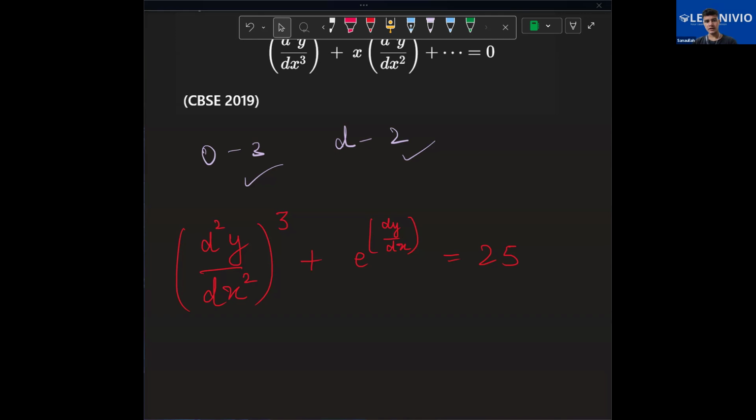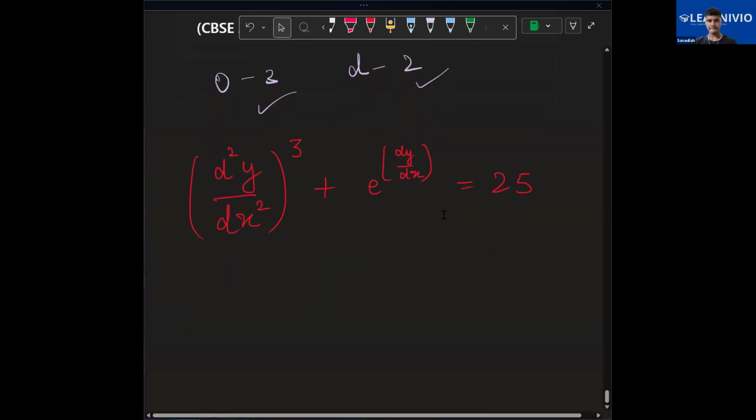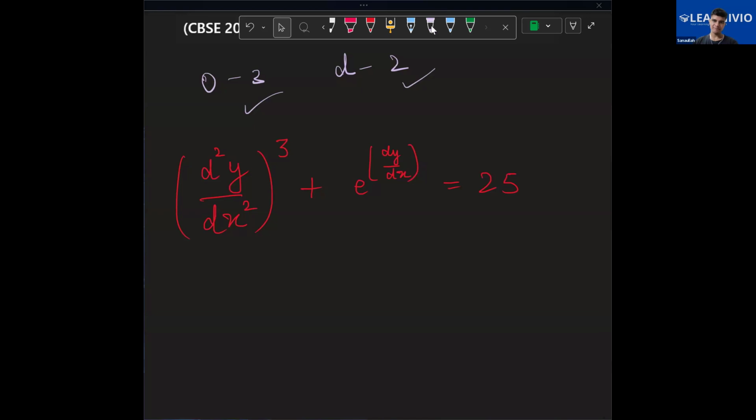Yes, tell me. Is there any confusion? Have you got the answer? Anjali, no. Yes, sir. The order is 2 and the degree is not defined.